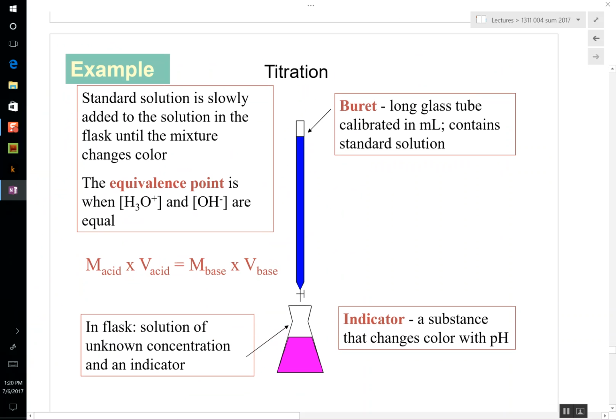If we had something simple like HCl reacting with sodium hydroxide, that's a monoprotic acid reacting with a base with only one hydroxide on it.